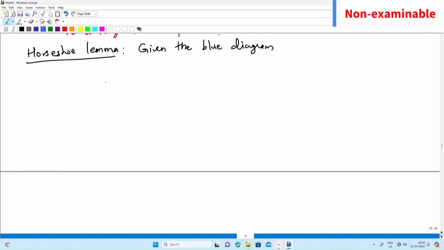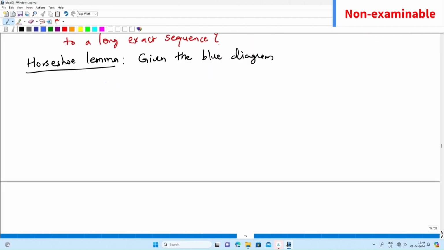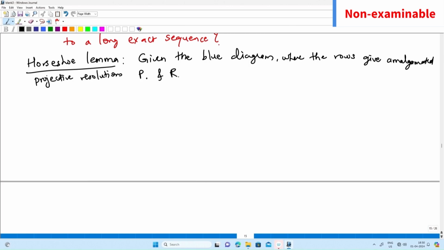It is the diagram where the rows give projective resolutions P dot and R dot of A and C respectively.